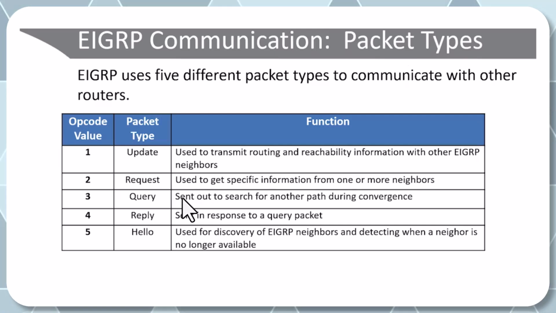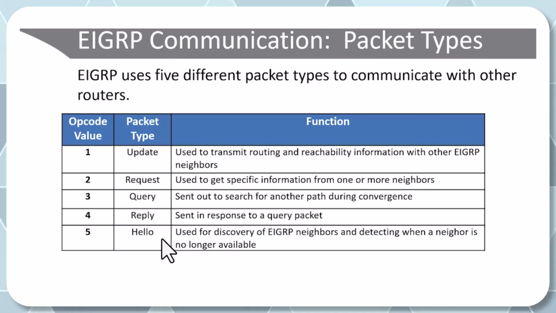Query, sent out to search for another path during convergence. For example, if one path fails, it will also try to reach by another path. Reply, sent in response to a query packet. For example, if it receives a query packet, then it will reply.